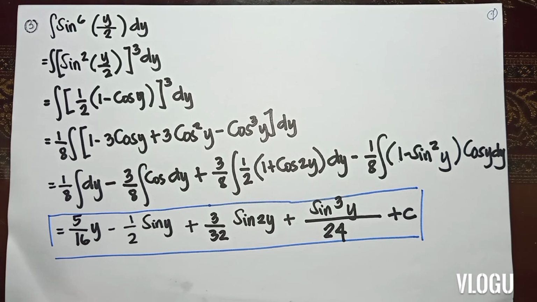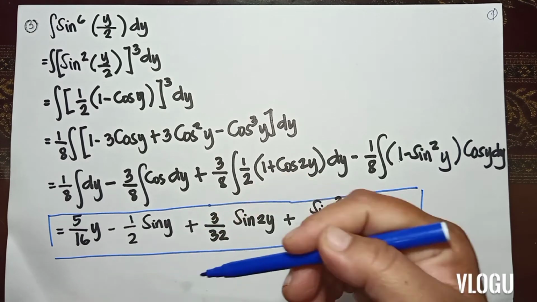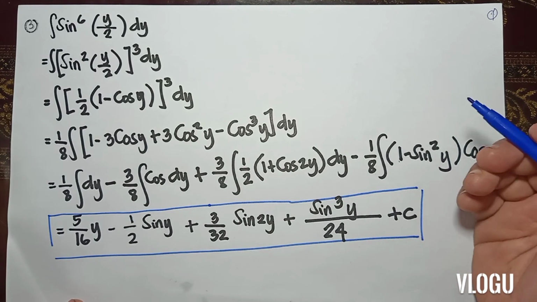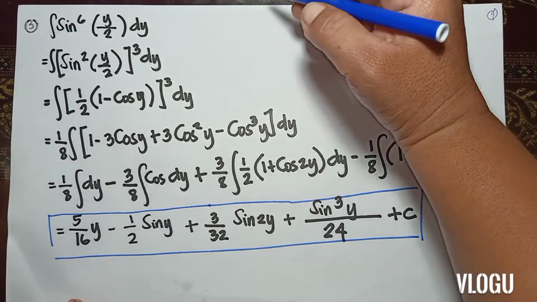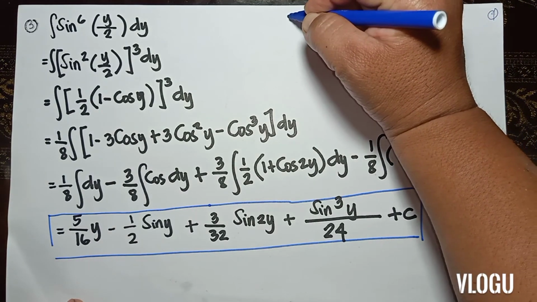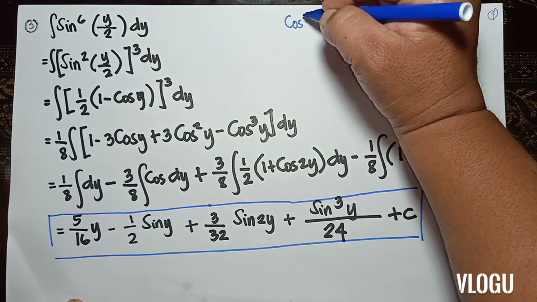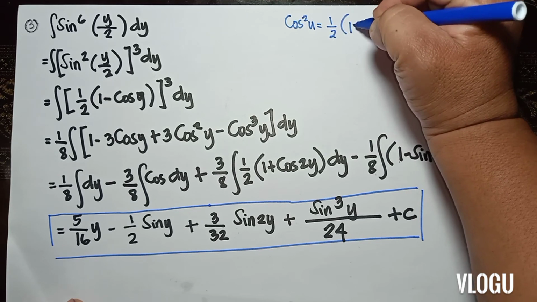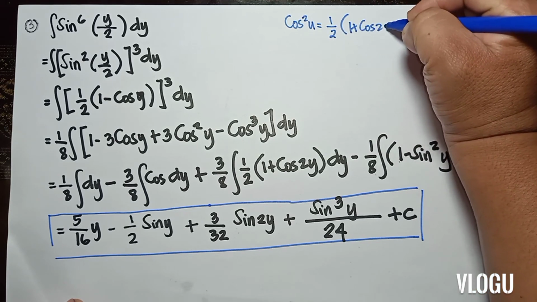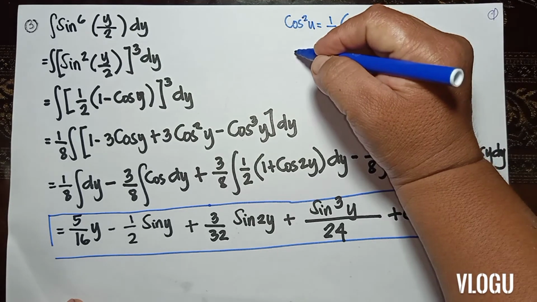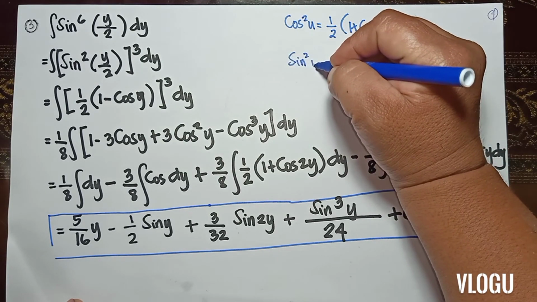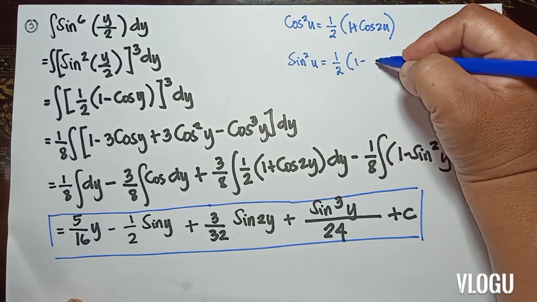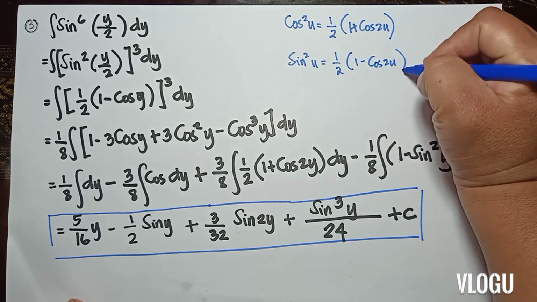If that is cosine squared, you will have 1/2 times 1 plus cosine 2u. So for even identities, you use cosine squared u, that is equal to 1 over 2, 1 plus cosine 2u. Or if you have sine squared u, that is 1/2, 1 minus cosine 2u.